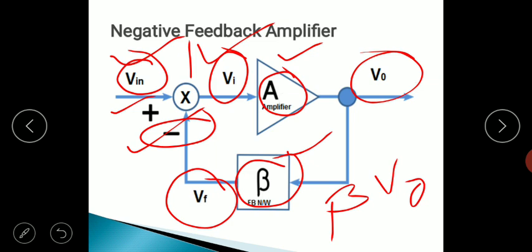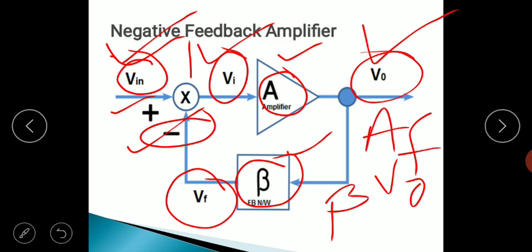So after knowing all these things, the constituent parts of the negative feedback amplifier, very easily we can derive the closed loop gain of this amplifier, which is defined as the ratio of output voltage to input voltage, that is V0 by Vin, which gives us the closed loop gain denoted by AF, whereas V0 by Vi gives you the open loop gain, denoted by A, and beta is Vf by V0, which gives Vf equal to beta times V0.